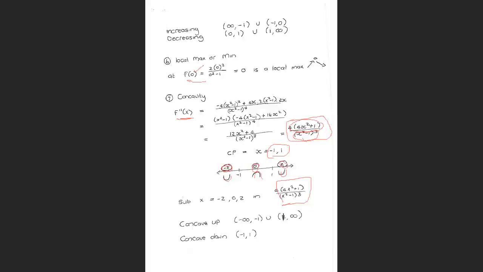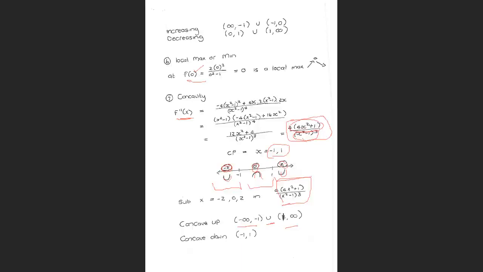How do you read interval concavity? We see it's concave up from minus infinity all the way to minus 1. You use union because there are two intervals you're working with, and from 1 all the way to infinity. And there's concave down from minus 1 to 1. Notice I'm always using these round brackets, right? I'm not including the endpoints because the function itself is not defined at those endpoints. Very important.